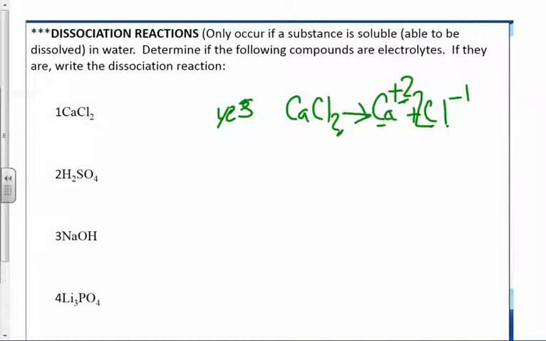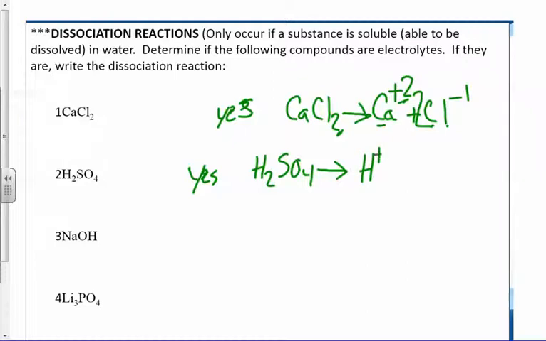All right, let's do the next one. H2SO4 is an electrolyte. Yep, we've already determined that. It broke up pretty well. This is an acid, but it is an electrolyte. So we can break it up. H2SO4 yields. We write the charges.